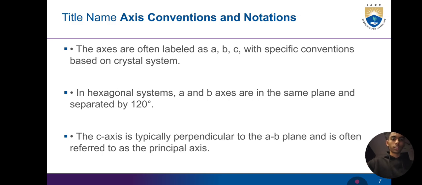In the hexagonal system, the A and B axes are the same length in the plane, separated by 120 degrees. The C axis is typically perpendicular to the A and B plane and is often referred to as the principal axis.